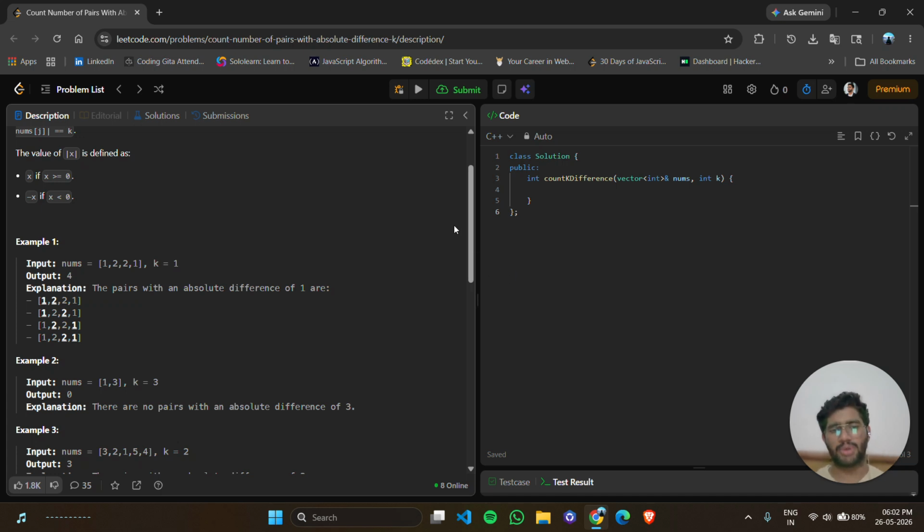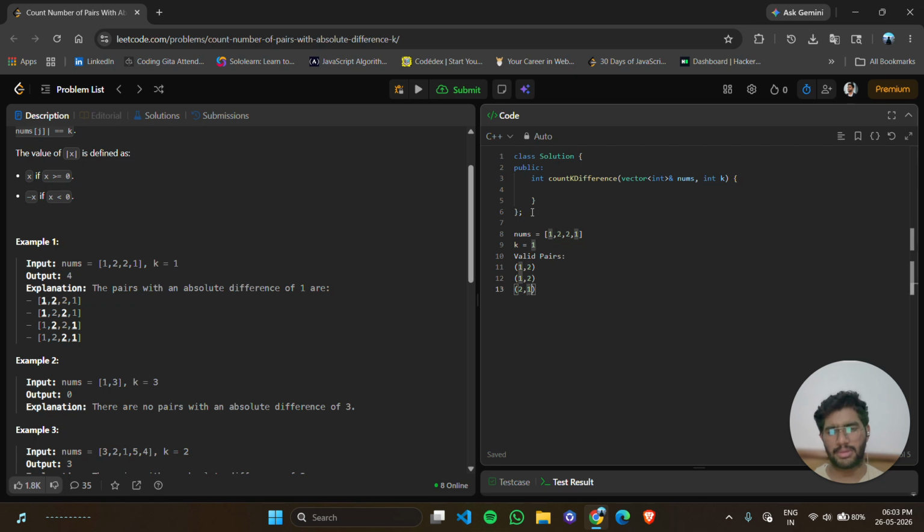So now let's do a dry run here only. So nums is equal to 1, 2, 2, 1. Now the absolute value given to us is 1. What will be the valid pairs? 1, 2; 1, 2 again; 2, 1; and 2, 1.